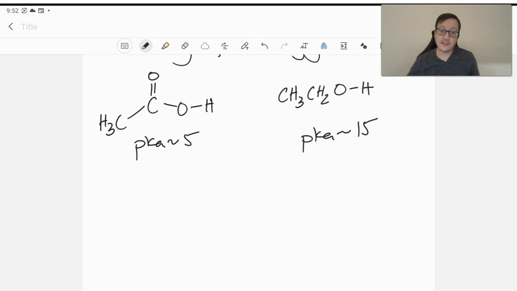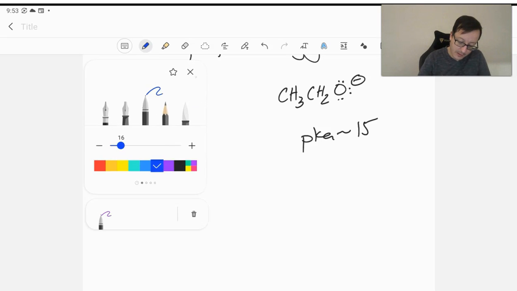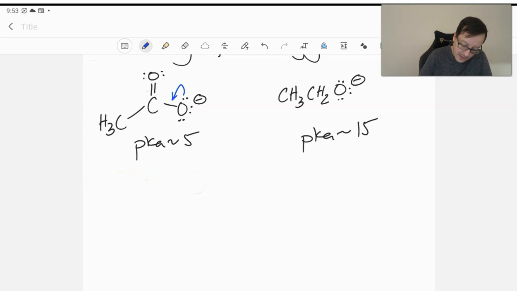The reason for that is if we look at the conjugate bases, once we remove those protons, and I'm going to go ahead and put in our formal charges and our lone pairs, we see, in fact, that the molecule on the left can resonate.